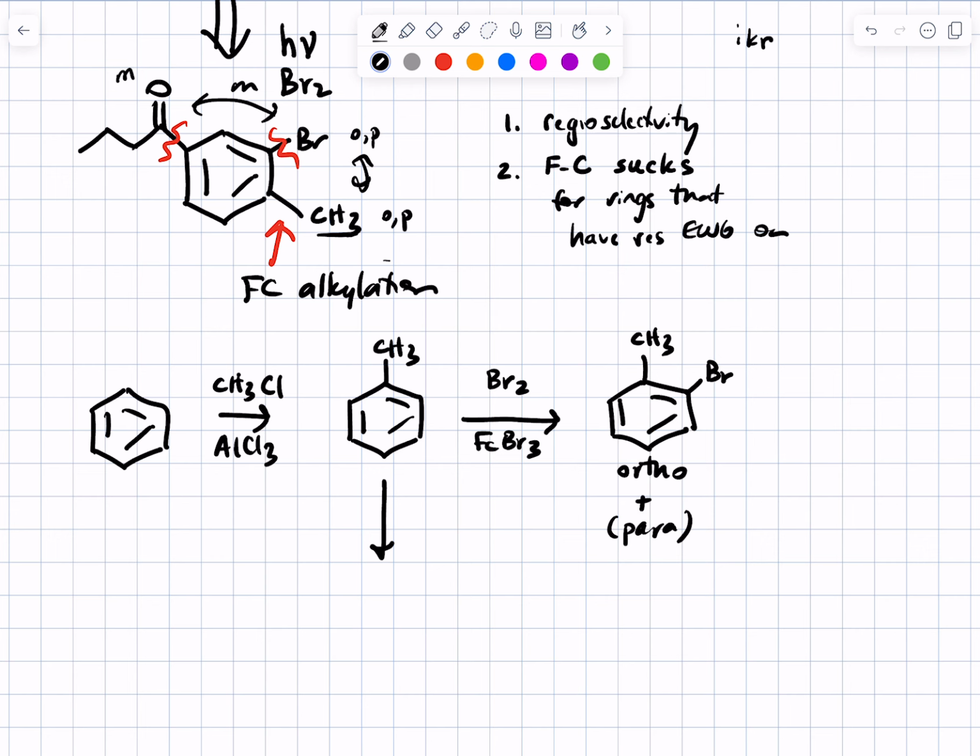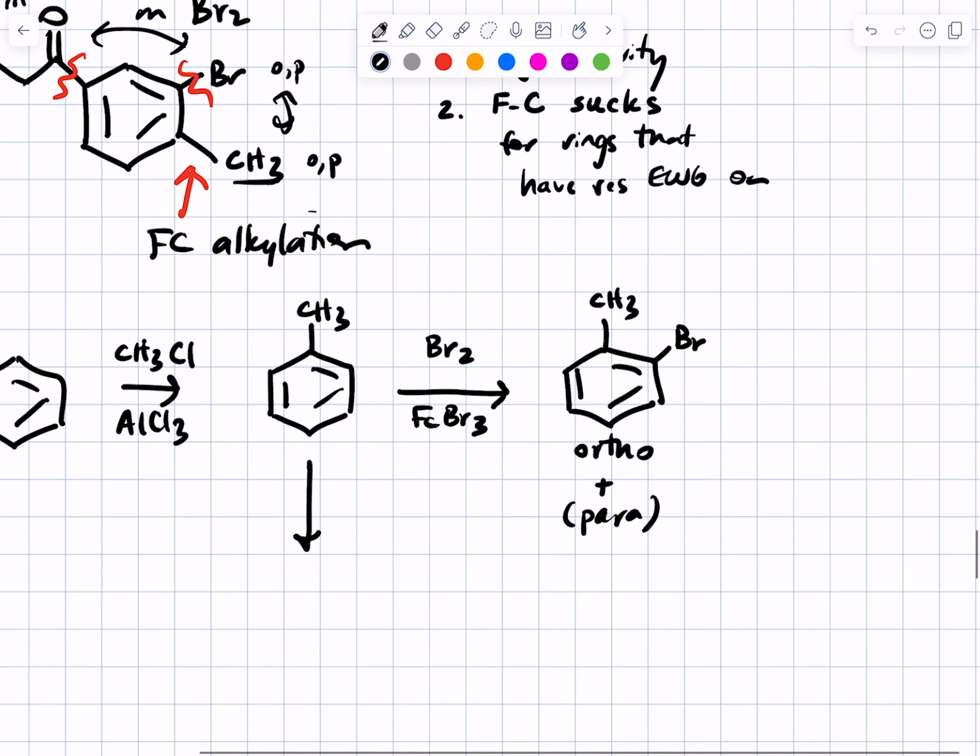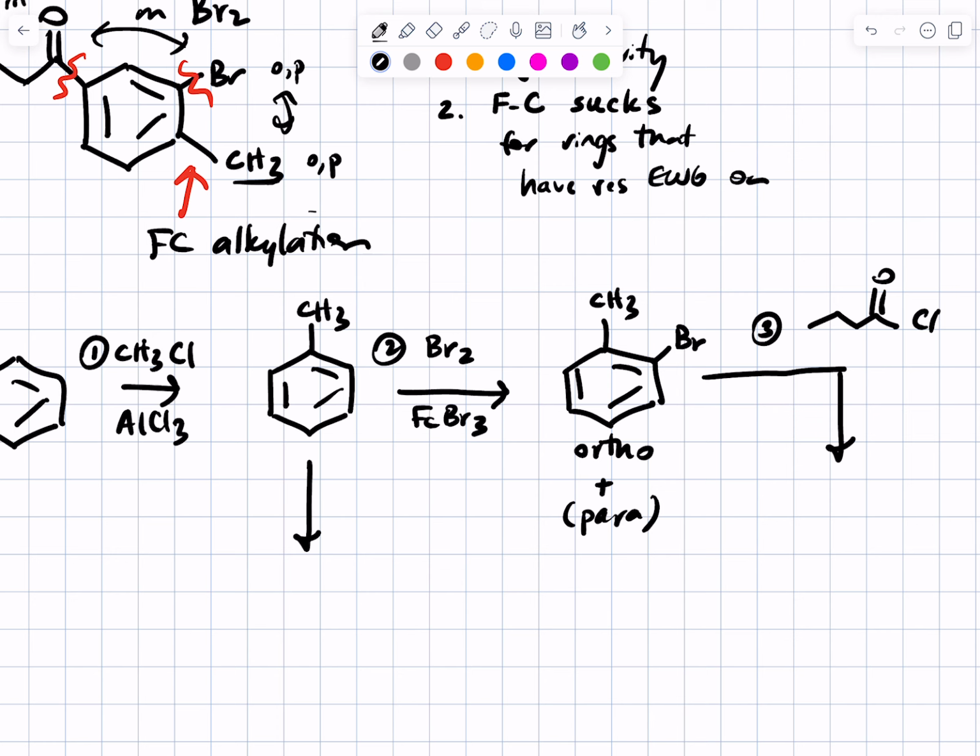Your text does this all the time in a synthesis, and you're free to do so as well. Are you okay with that? You're going to tolerate it. That's fine, I suppose. All right, then the third step would be, let's try Friedel-Crafts acylation.